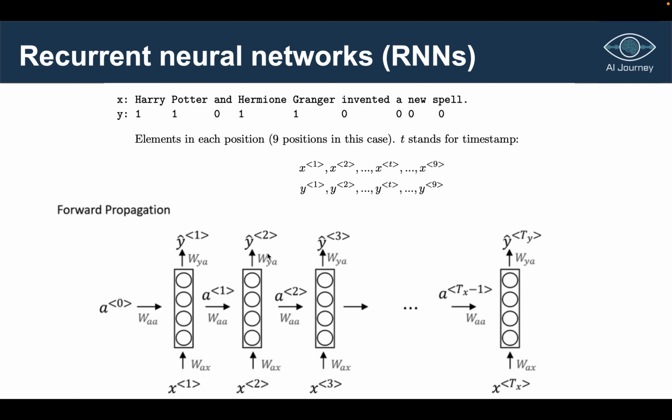So input a token, compute some activation based on the past and the token inputted at time t, and then based on this activation make a prediction.